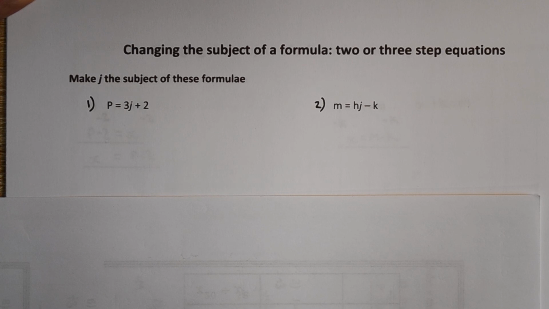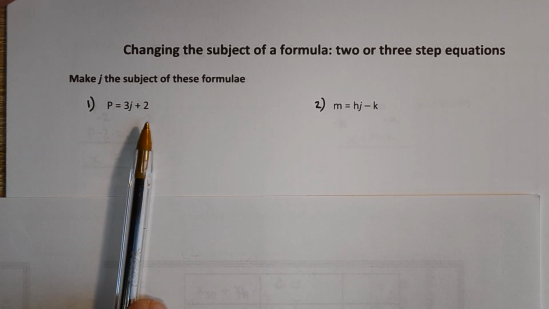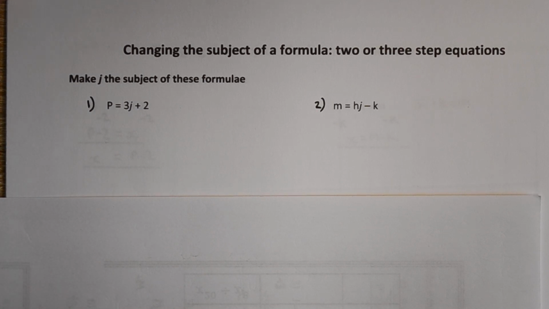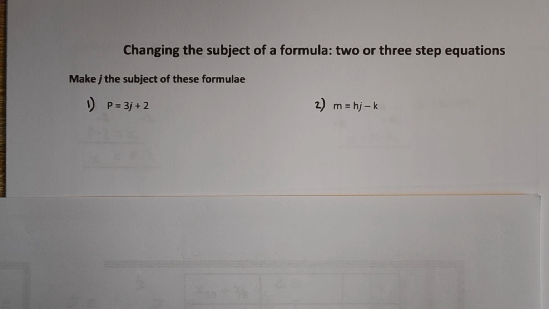So if they times by 3 and added 2, then the last thing they did was to add 2. So you can do 23 and do the opposite of add 2, which is to take 2, so that takes us to 21, and then you divide by 3 to get your answer.